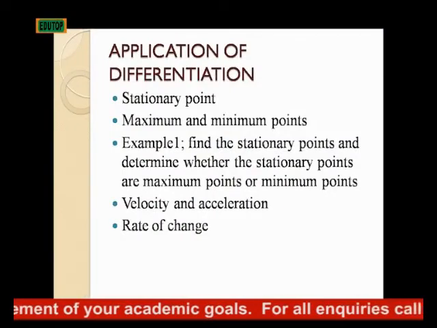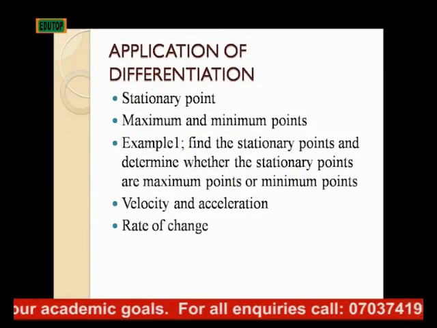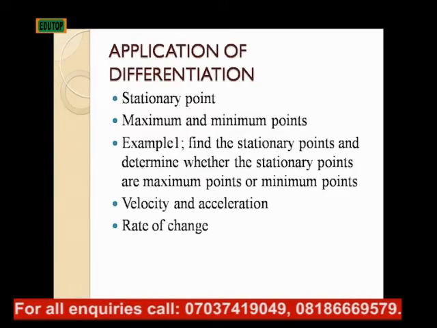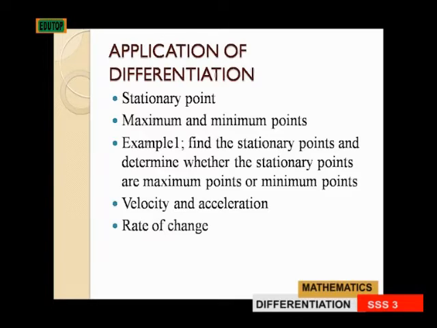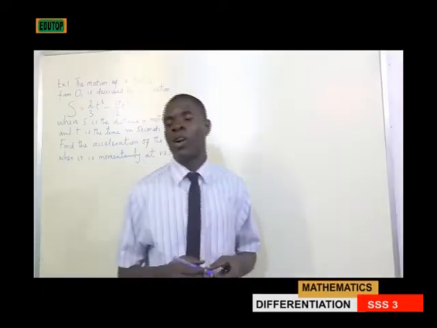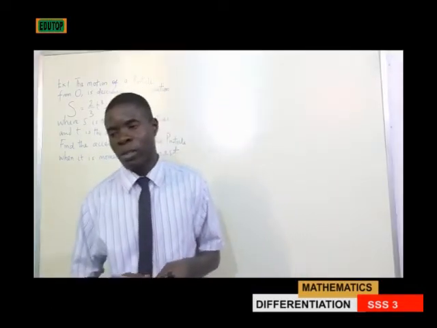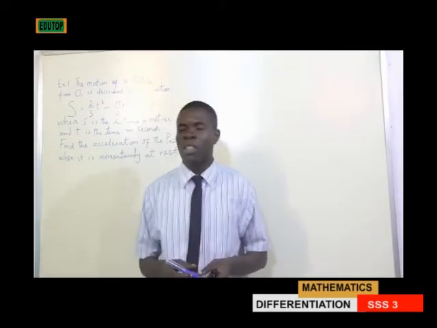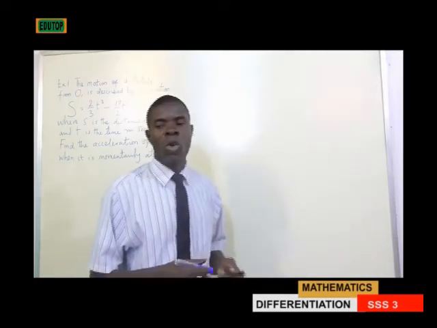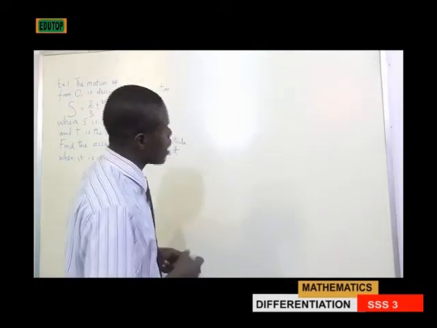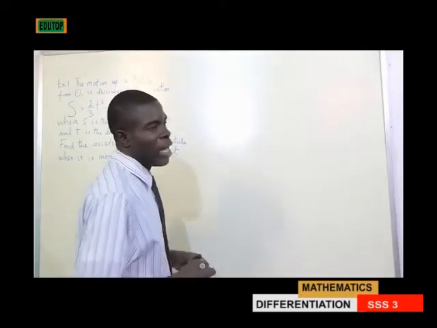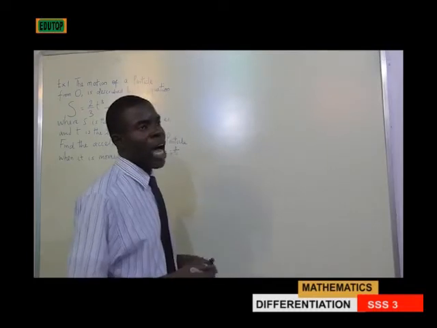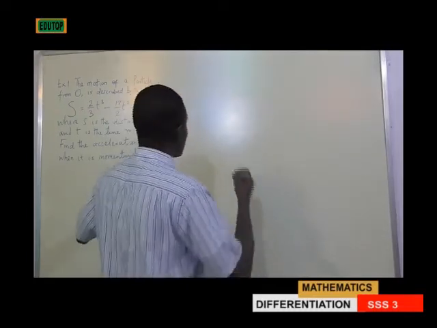Let's consider the application of differentiation in velocity and acceleration. It should be noted that velocity is the rate of change of displacement, while acceleration is the rate of change of velocity. So mathematically, if we differentiate the displacement with respect to time t, we'll have our velocity.